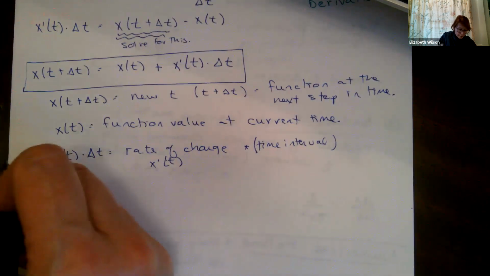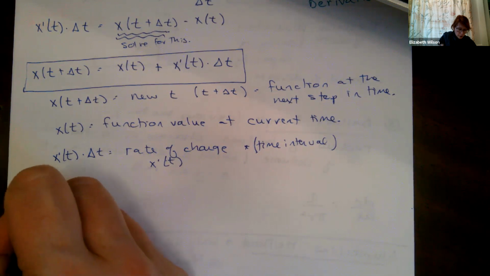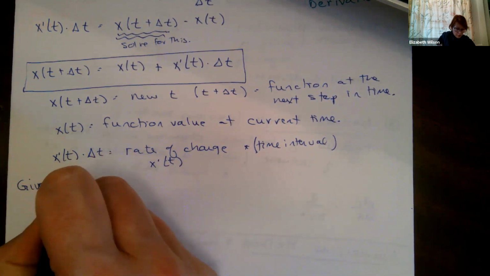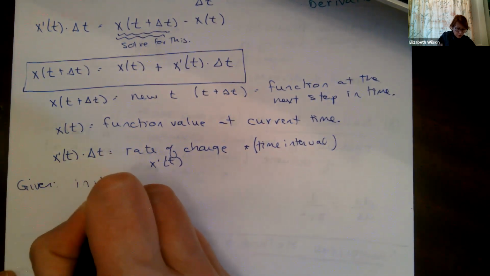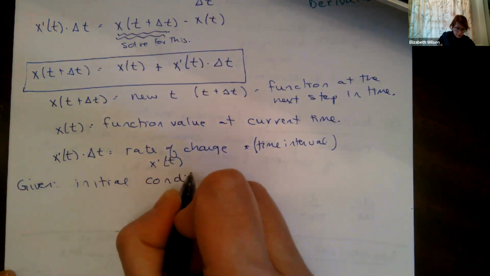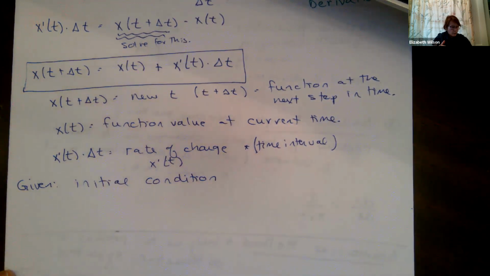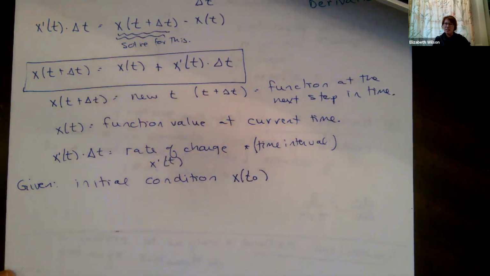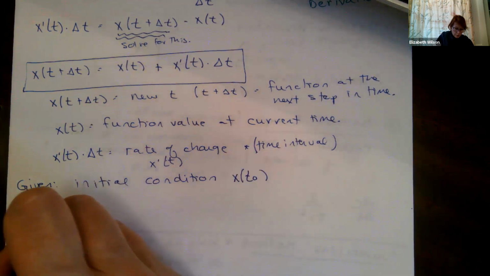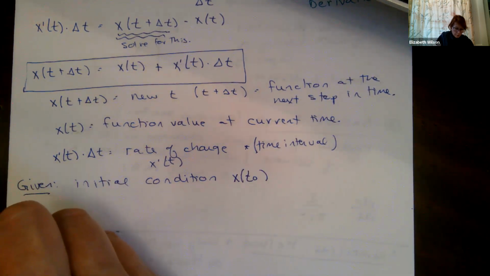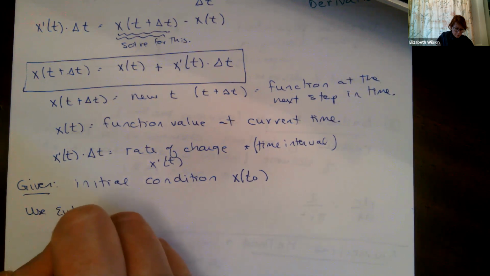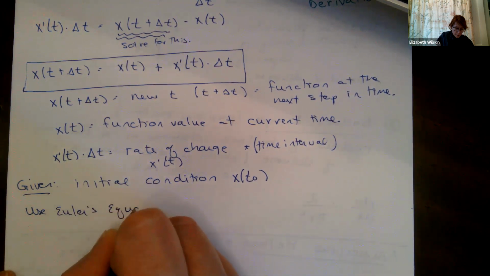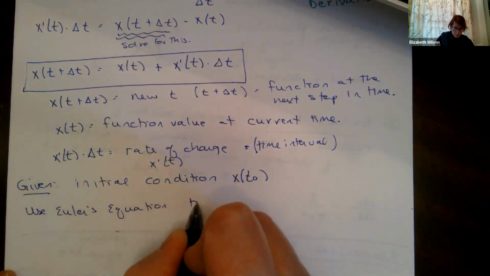What I need to start with is an initial condition. What's our present course? Where are we right now? This would be x of t naught, t at 0. Where are we starting? Then we're going to use this equation to propagate.